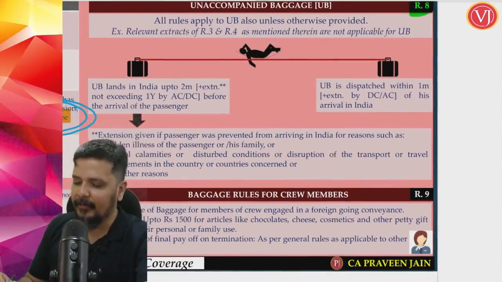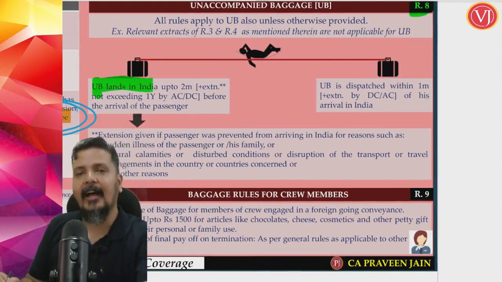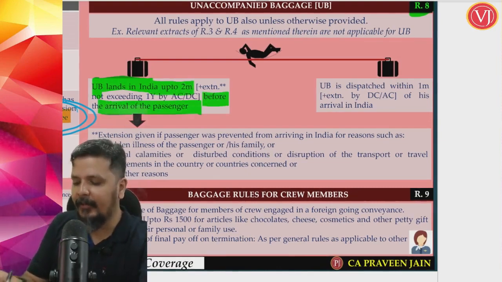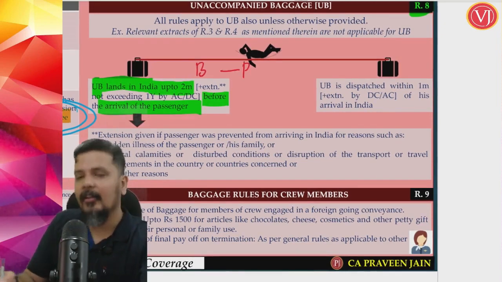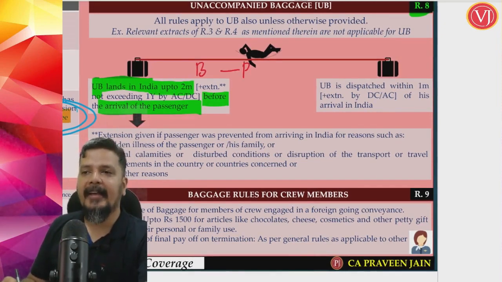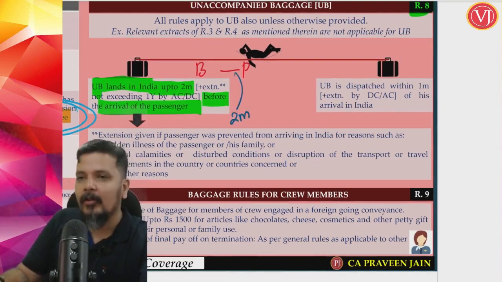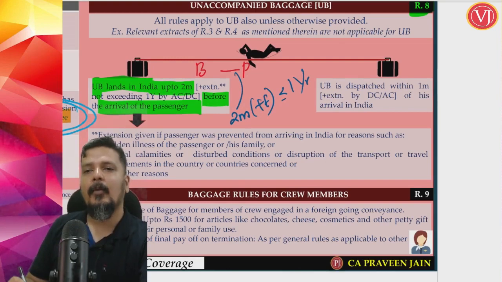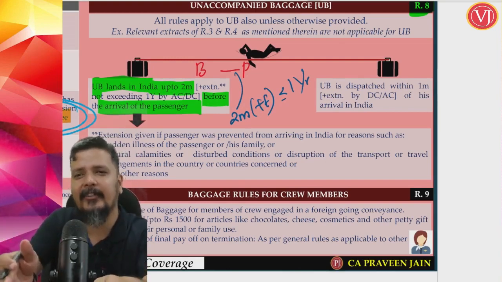If your unaccompanied baggage lands in India up to 2 months before the arrival of the passenger, which means first baggage, then passenger, the time gap is only 2 months plus extension, not exceeding 1 year.